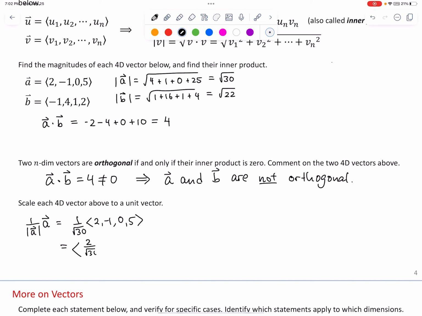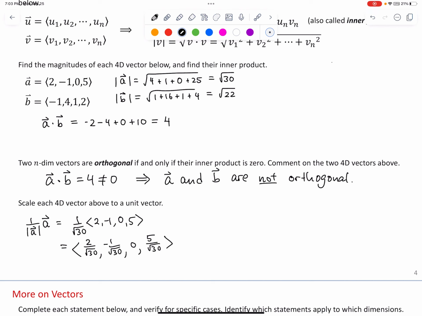So 2 over radical 30, negative 1 over radical 30, 0 over radical 30 is still 0, and then 5 over radical 30. This is a 4-dimensional vector that we're going to say has the same direction as vector A, but now has a magnitude of only 1. So it is a unit vector.